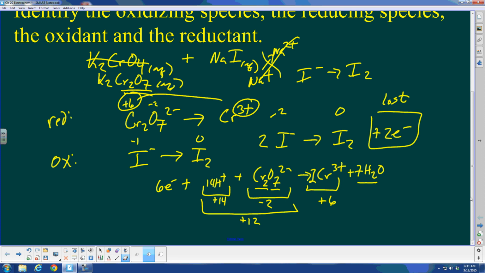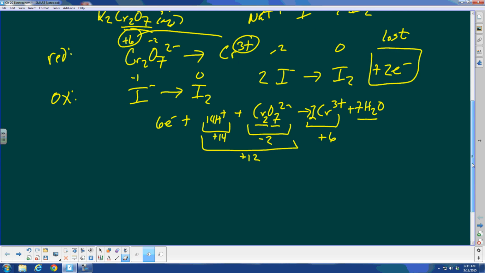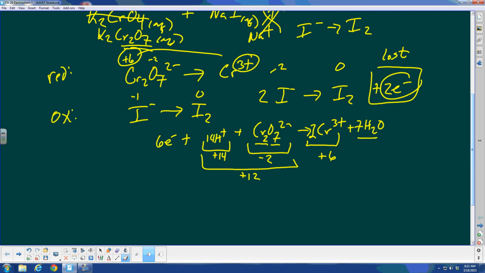Good. Now we want to seek that least common multiple. What's the least common multiple between 2 and 6? The answer is 6. So that means I need to multiply this by what now? 3. There we go. So I'm going to write it down below here. 3 times 2 is 6 iodides, yielding 3 I2 plus 6 electrons.